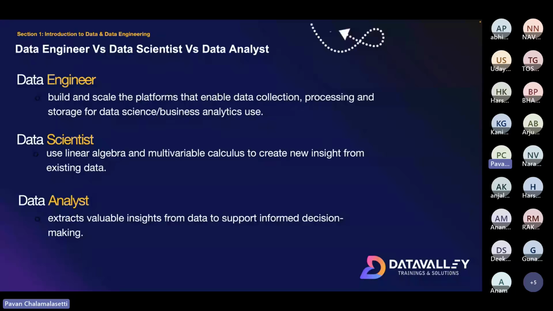For example, from Hyderabad, 20,000 people made transactions of 1.5 lakhs. From Chandigarh, 5,000 people made transactions of something. So he builds that kind of business insight from the data and presents it to the business so they know, okay, if we give an offer here, maybe they'll be able to send more money.